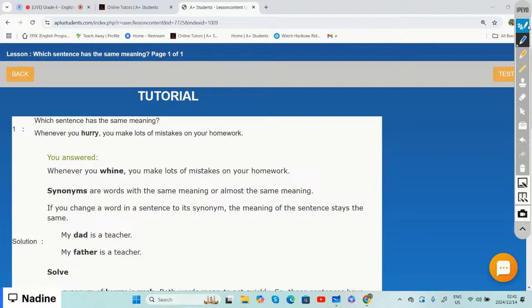Another word for hurry. And if we were to choose another word for hurry, then we can even say, whenever you rush. Remember, we said whenever you hurry, you make lots of mistakes on your homework, or we can use the word whenever you rush, you make lots of mistakes on your homework. So whether we put a different word with the same meaning, if you replace that word, it will still be the same.